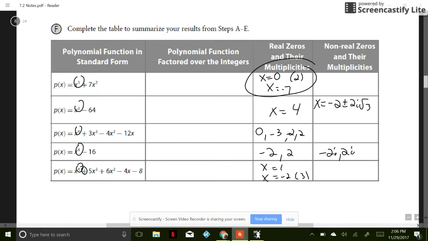Like the first one here, we only have 2 zeros, but because 0 has a multiplicity of 2, that counts as 3 total zeros.